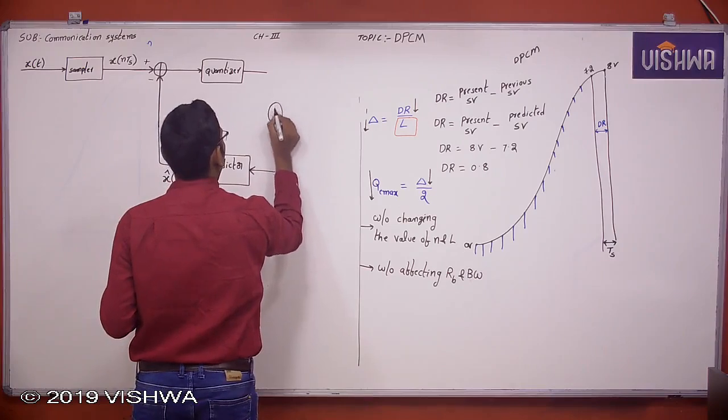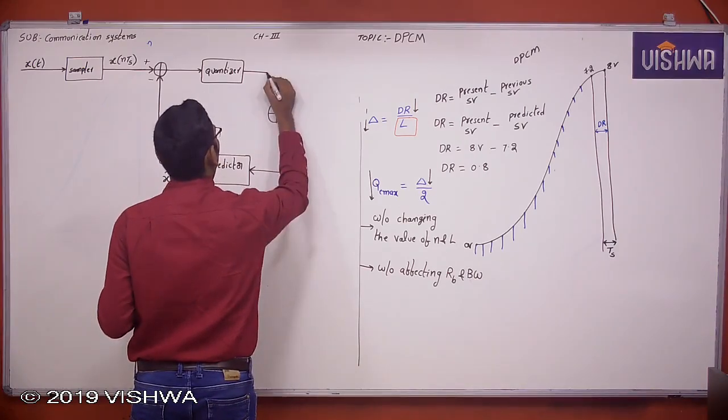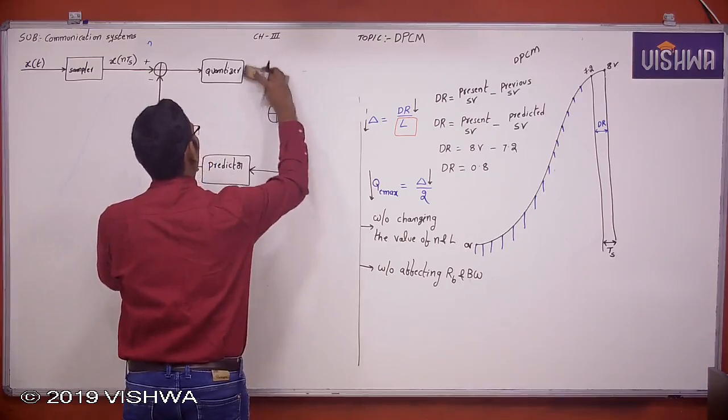Here I also take one adder, and this is the quantizer output.